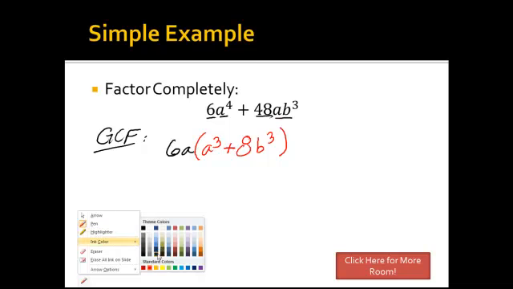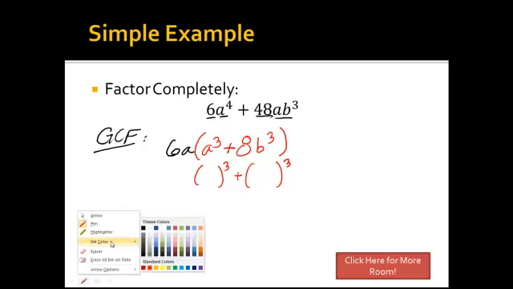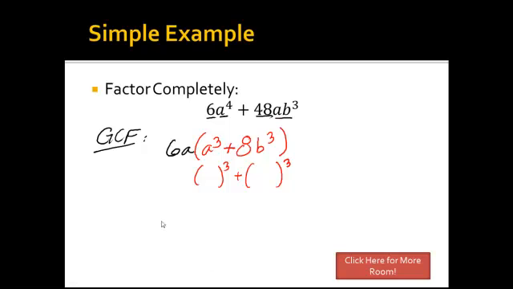So what I'm going to think about here is something cubed plus something cubed. Since I'm thinking about a sum, we'll talk about exactly what goes into these places in a second.